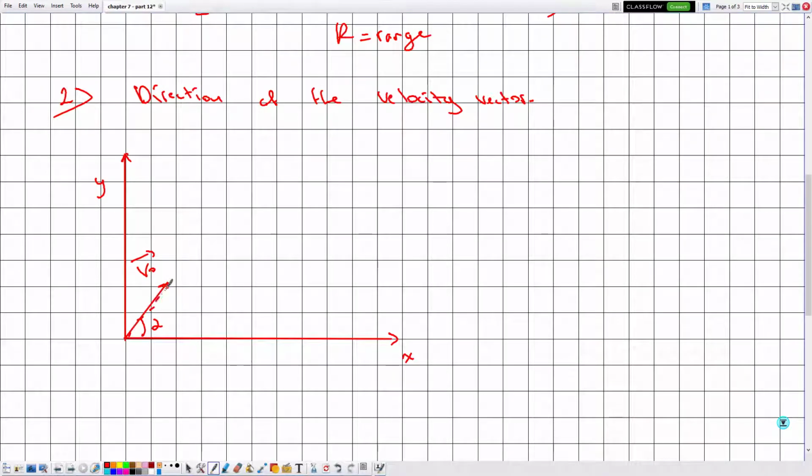Then this dotted line represents the trajectory of the projectile.